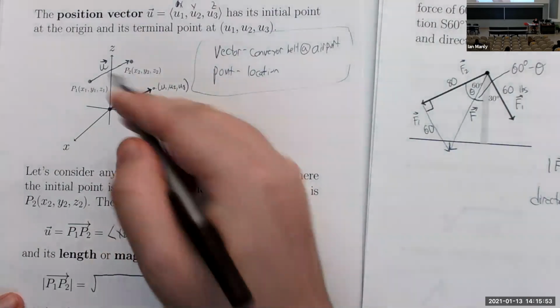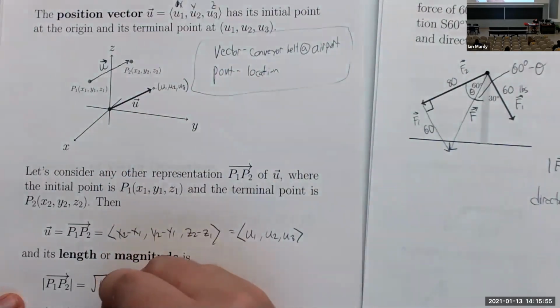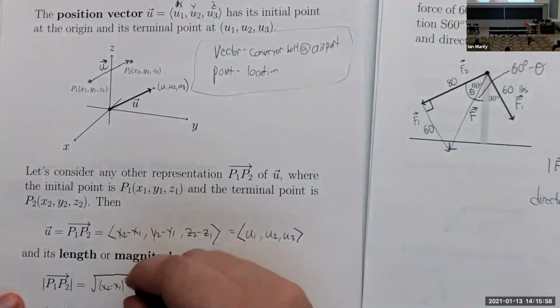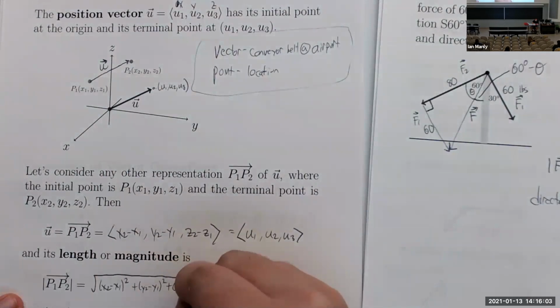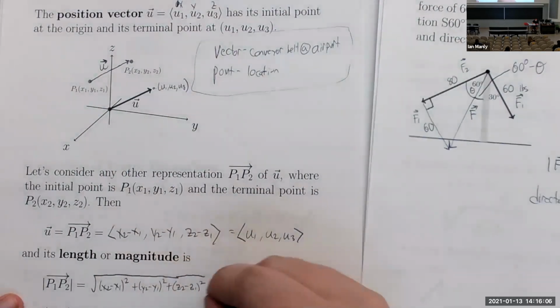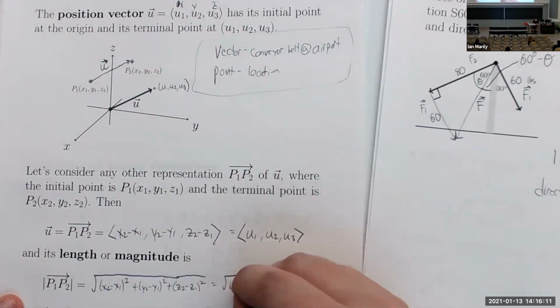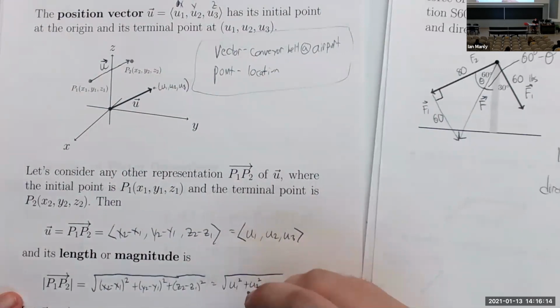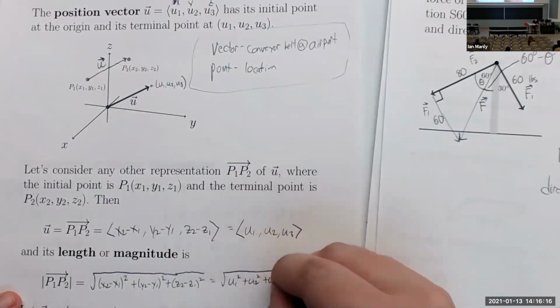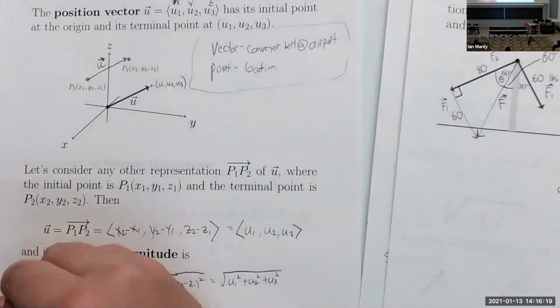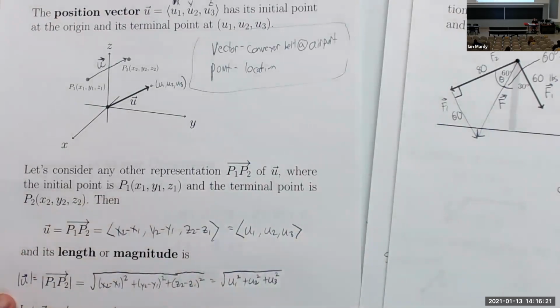The distance between this point and this point is the square root of x2 minus x1 squared plus y2 minus y1 squared plus z2 minus z1 squared. But since another name for each of these is just u1, u2, and u3, we're going to have u1 squared, u2 squared, and u3 squared. So if you ever want to figure out how big a vector is or how long it is, you simply square each of the components, add them together, and take the square root. That's how we're going to find the magnitude or the length of a vector.